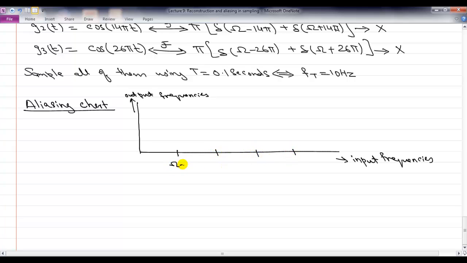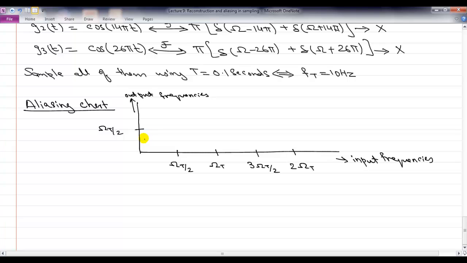So this is omega t by 2, which in this case was 5 pi or 10 pi, then omega t, 3 omega t by 2, 2 omega t, and so forth. And these are your output frequencies. Whenever you are sampling, your output frequency can never be higher than half of your sampling frequency.